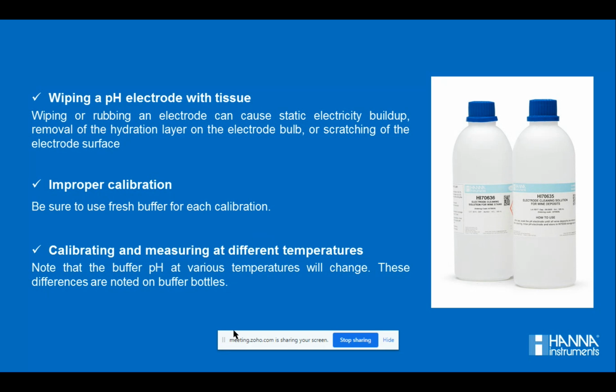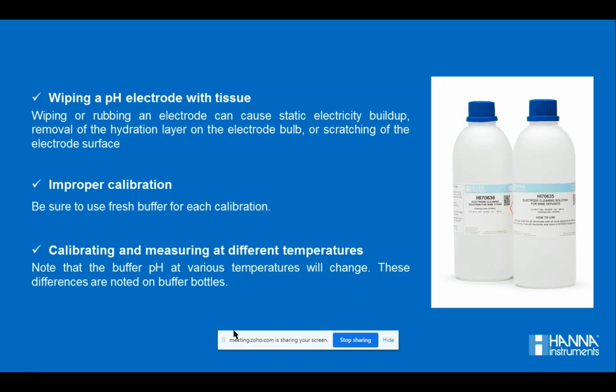Calibrating and measuring at different temperatures. If your buffers have different temperatures and your electrode or your meter is at different temperatures, then the temperature probe will calculate the pH according to the temperature.